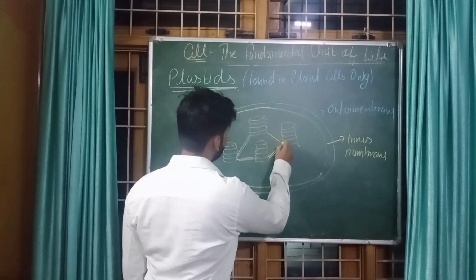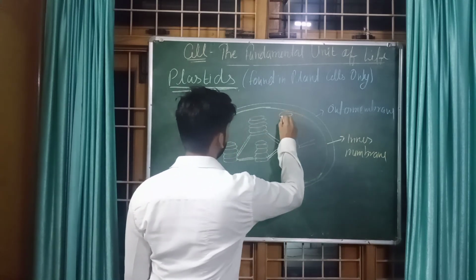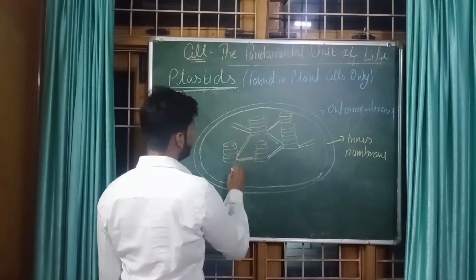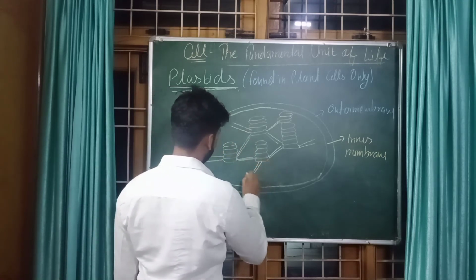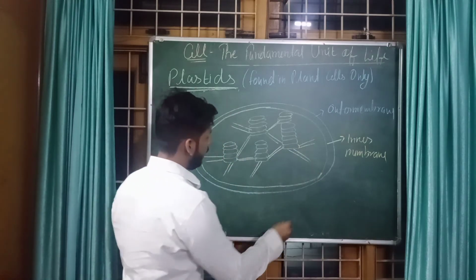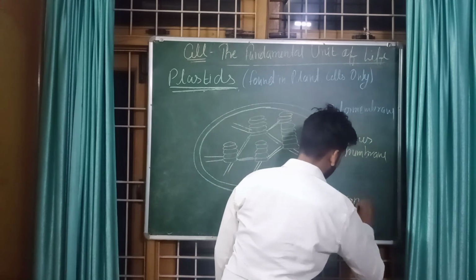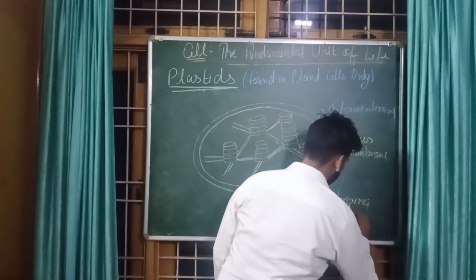These are connected to one another with the help of lamella. This is lamella. And here, this is stroma, the stroma matrix.